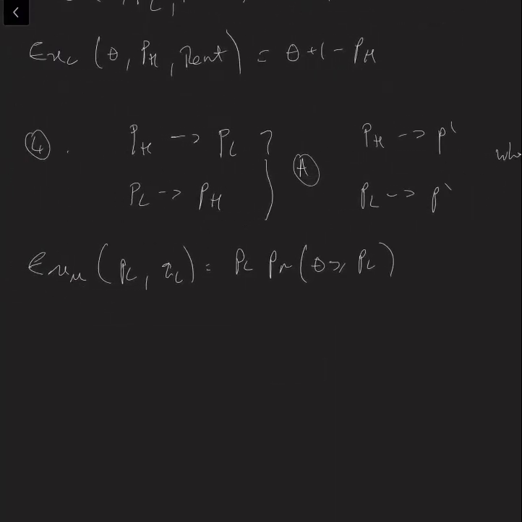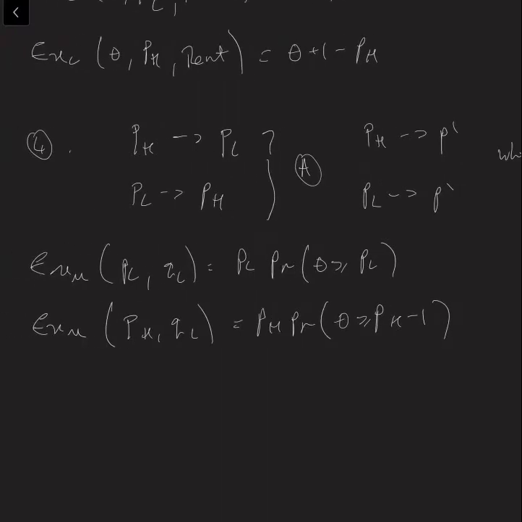That is to say, what does Monica get if she posts the low quality flat at PH? Well, she's going to get PH times the probability that theta is greater than or equal to PH minus 1. Again, this just follows from the strategy specification above. So this is the corresponding off path.